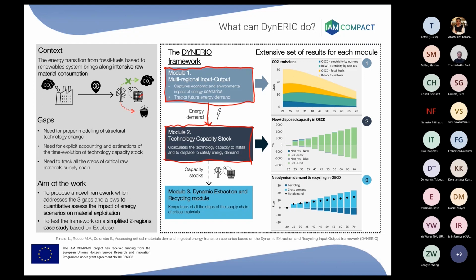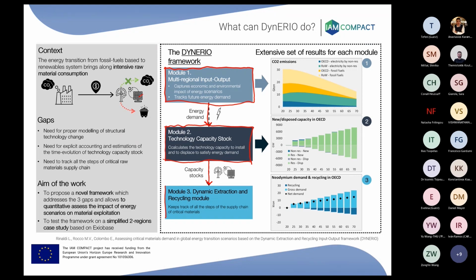And this is essential because the capacity stocks are then returned to the dynamic extraction and recycling module that determines region by region what would be the prospective demand for virgin materials, rare materials, and of course the contribution of recycling of such materials.